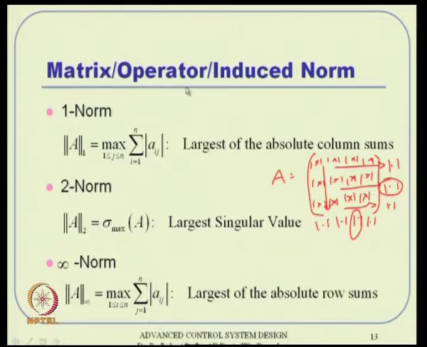So, the one norm is the largest absolute column sum, and the infinity norm is the largest absolute row sum. It is rather easy to remember, so I do not have to get confused unnecessarily, because remember, the letter 1 is vertical and the letter infinity is horizontal. The way you write infinity is horizontal, and the way you write 1 is vertical.